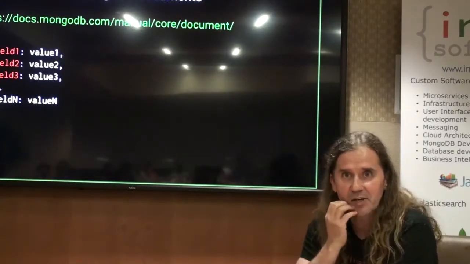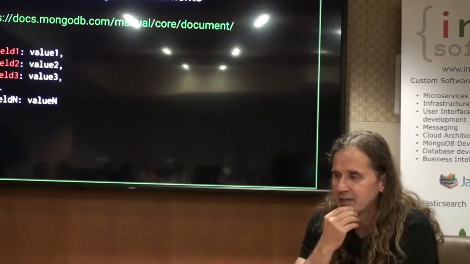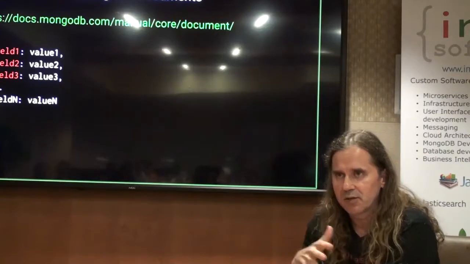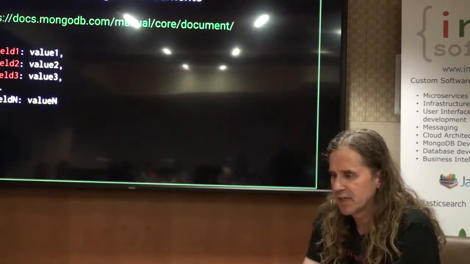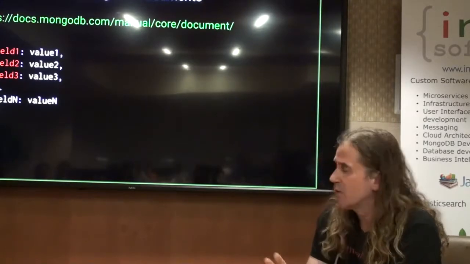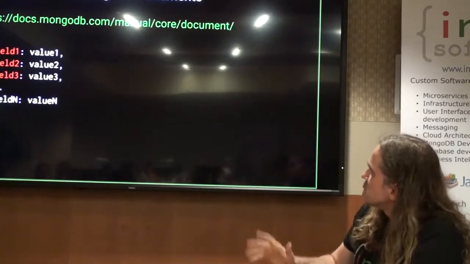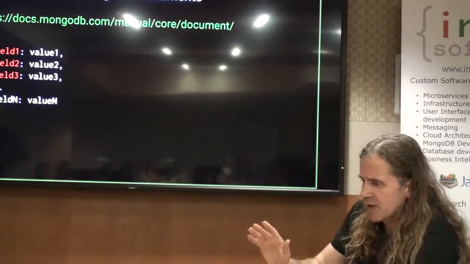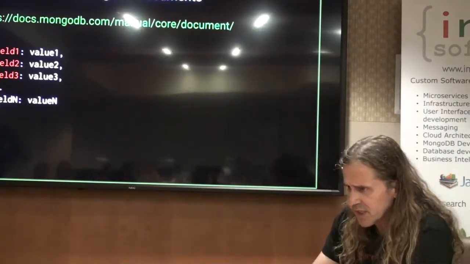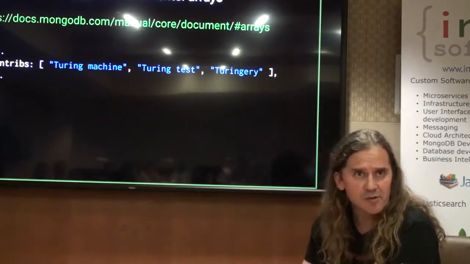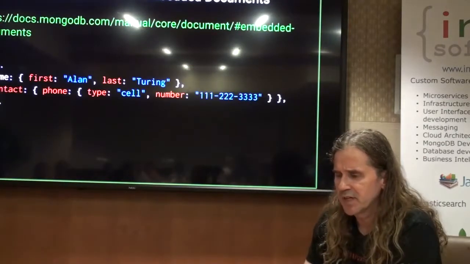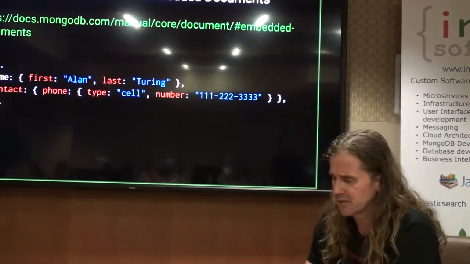It's going to look like any binary file out there because it's BSON, the binary JSON format. But this is a typical thing that you might see in MongoDB. Arrays look like arrays in JSON. Embedded documents look like, well, that.